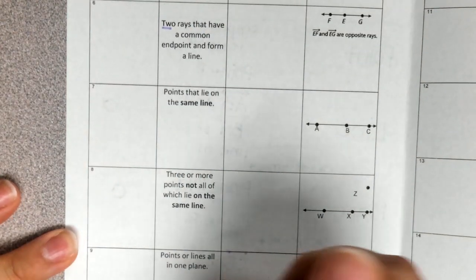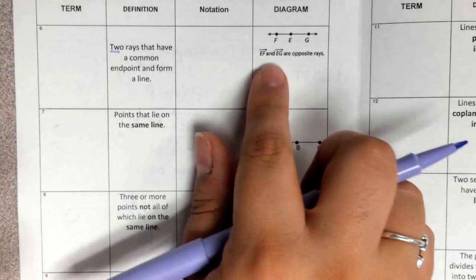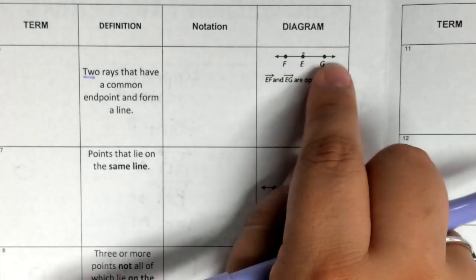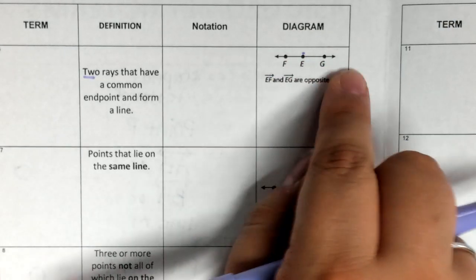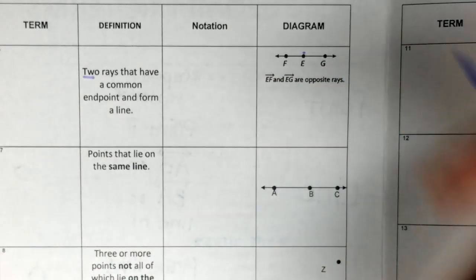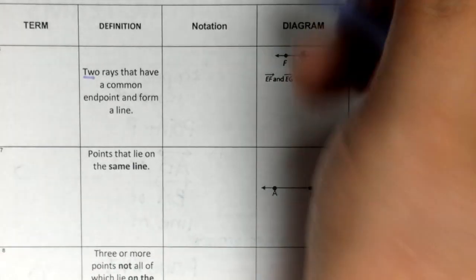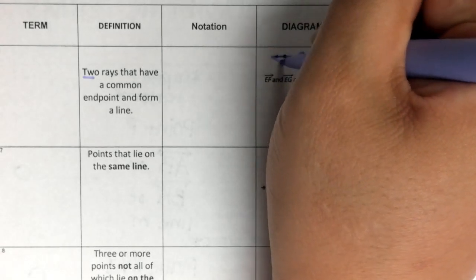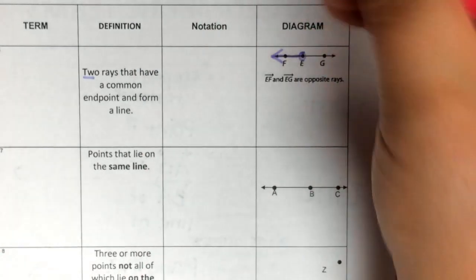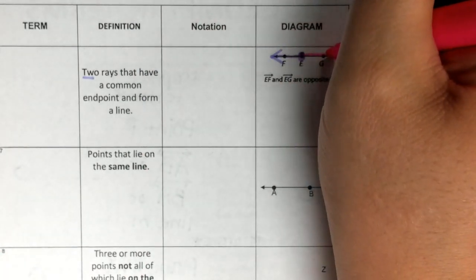This next one is when you have two rays, they have a common endpoint. So can y'all look at the picture real quick? What does this picture look like? It is a line. You're right. But technically, do you agree? I have one ray going this way, and then I have another ray going that way.